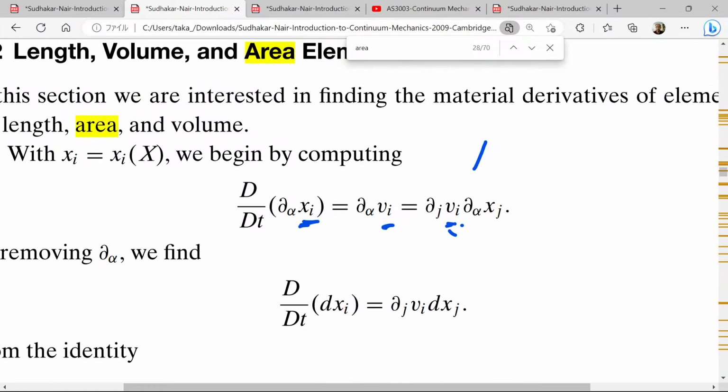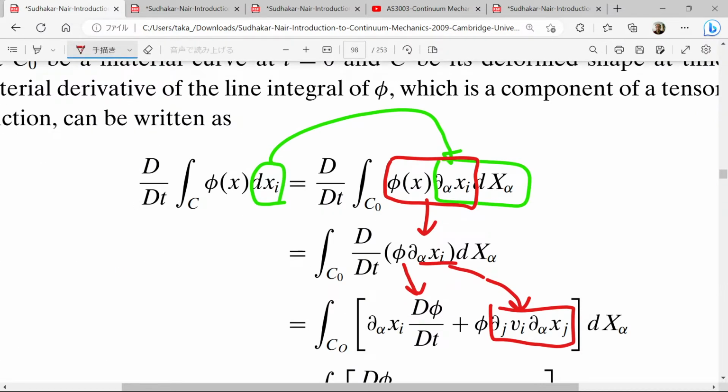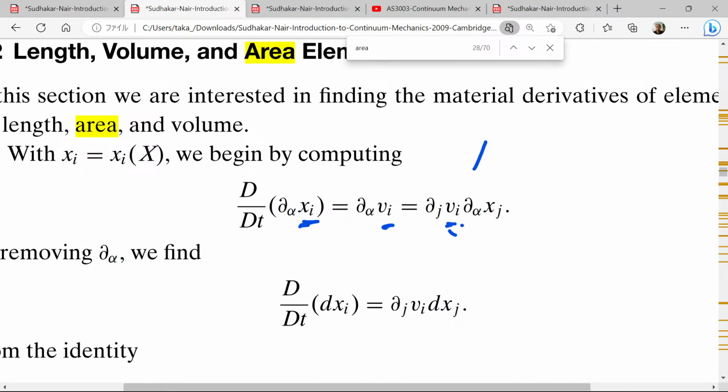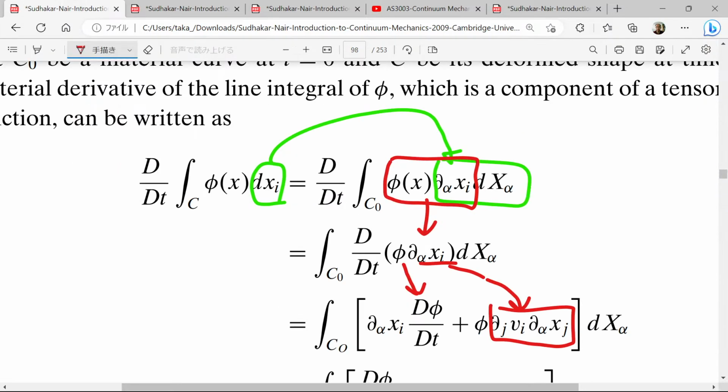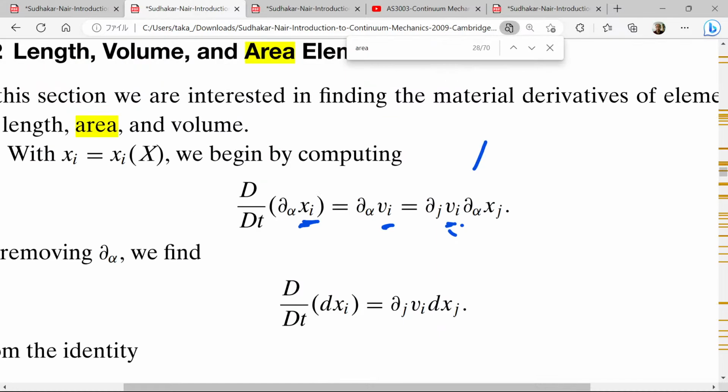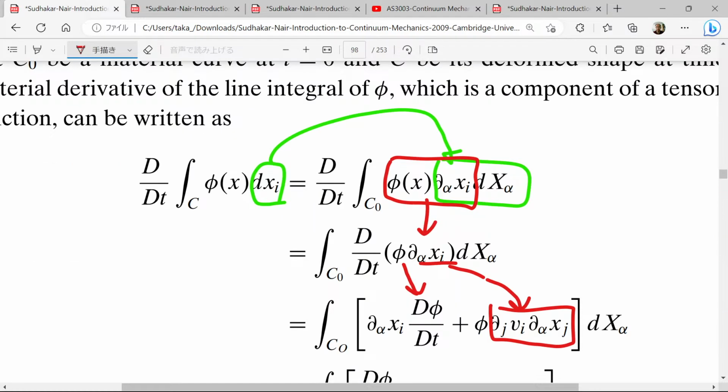Here, partial v_i, partial X_alpha, partial v_j, partial x_j, partial x_i. Okay, it is okay.